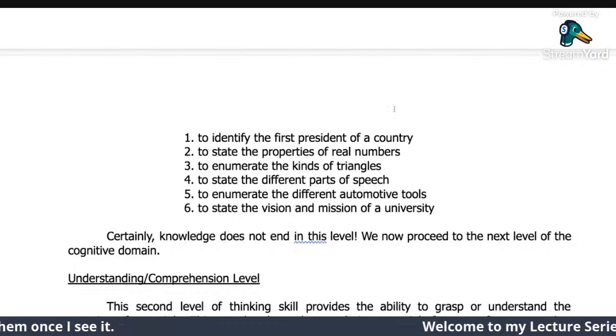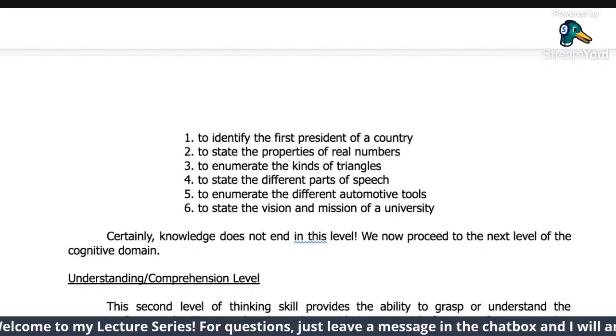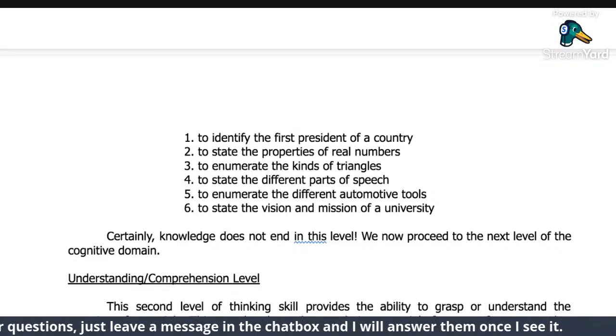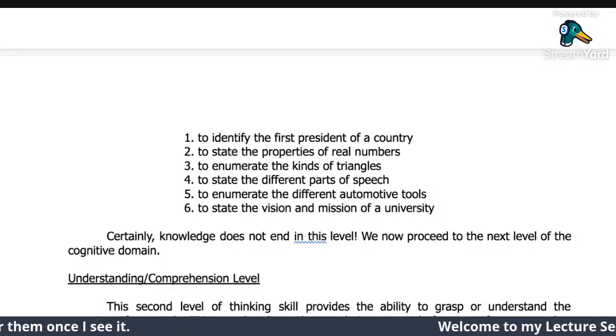Importante no, na maklasify natin kung nasaang level yung mga learning objectives natin. Bakit? Dahil gagamitin natin yan sa paggawa ng tests. Meron tayong tinatawag na table of specification. And sa table of specification, i-categorize natin kung anong level ng cognitive domain magfo-fall yung assessment objective natin.